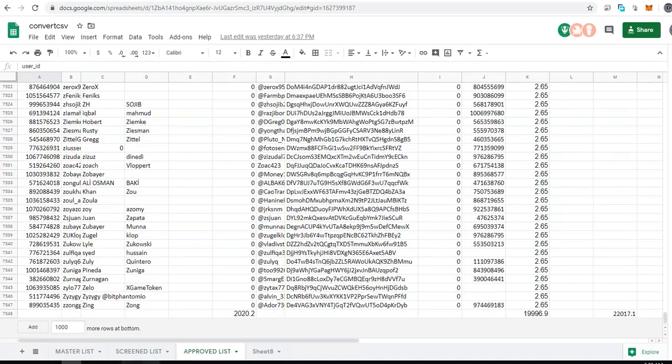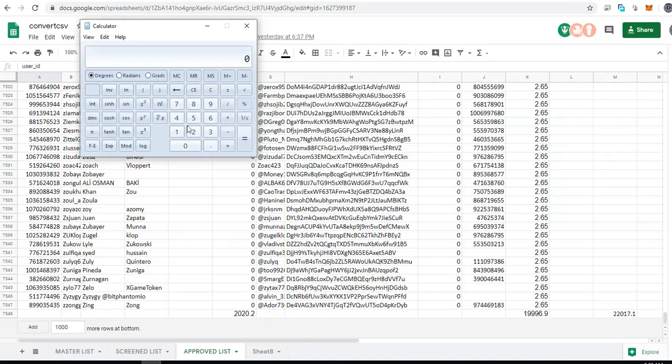So what did we do? It's very simple. 20,000 divided by 7,5, I think 4, 6 or thereabout.